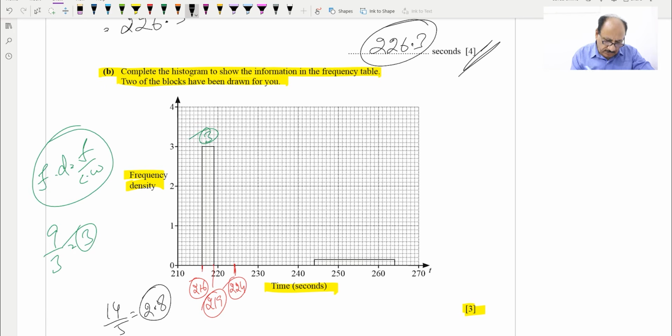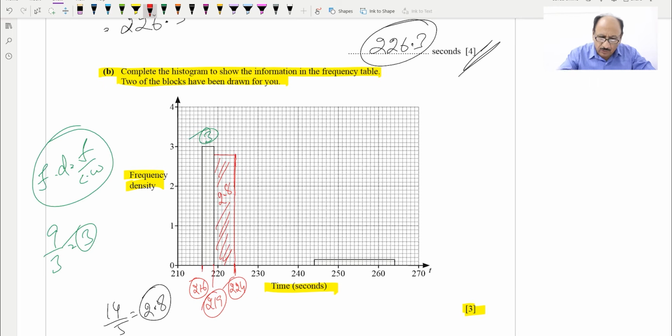We keep a height of 2.8 up to this point. I will try to draw a straight line properly here. The histogram bar is closed at the top, so this is 2.8 and this is 2.8.